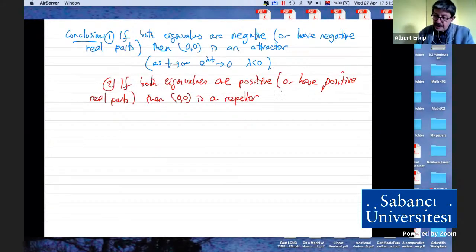So what does it mean? e to the lambda t goes to infinity as t goes to infinity, because lambda is positive.